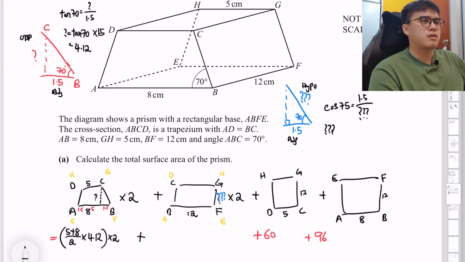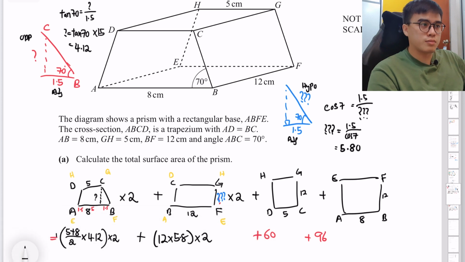Oh, I just noticed I wrote it wrongly. It should be cosine 70 instead of the 75 that I've written down. So I do a correction here. It should be 1.5 divided by cosine 70.